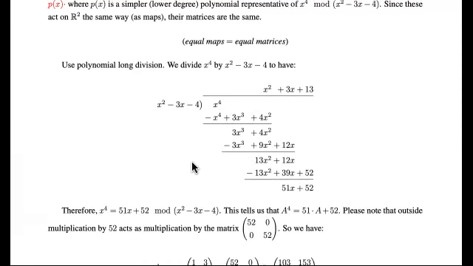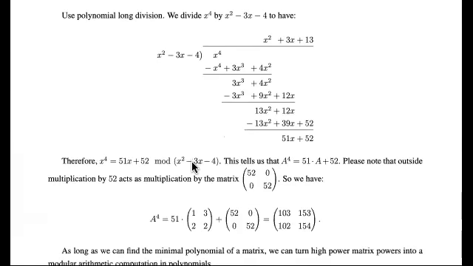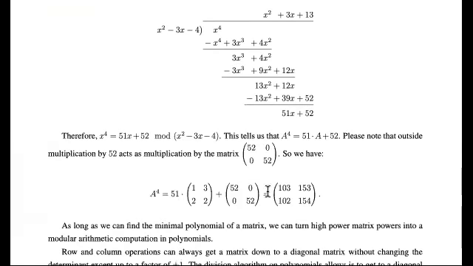So to compute that power, x to the fourth, all we have to do is just compute this polynomial. So 51 times the original matrix plus the scalar 52, but behaving like a matrix when we have an outside multiplication, 52 on this diagonal, we add that together, and look, we get A to the fourth right there.